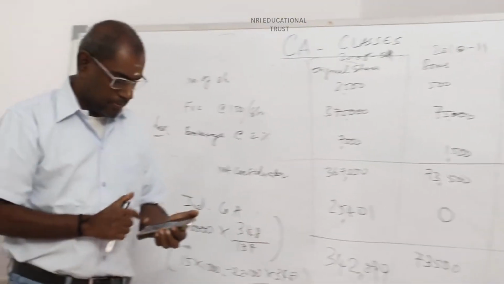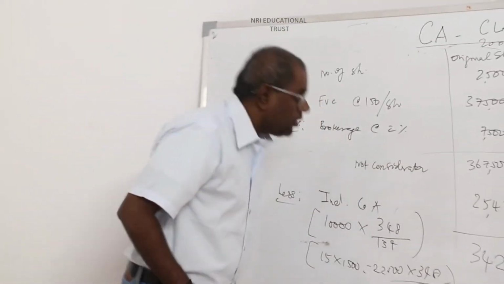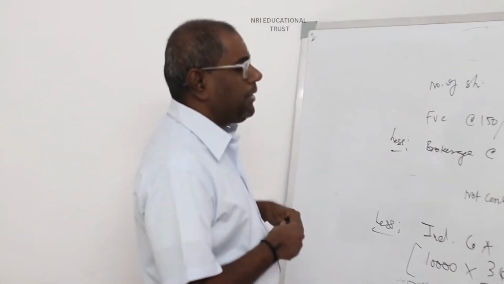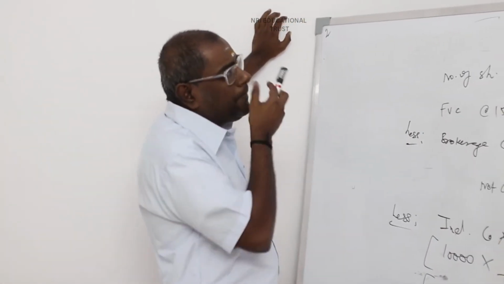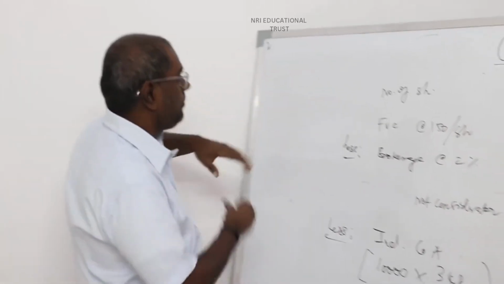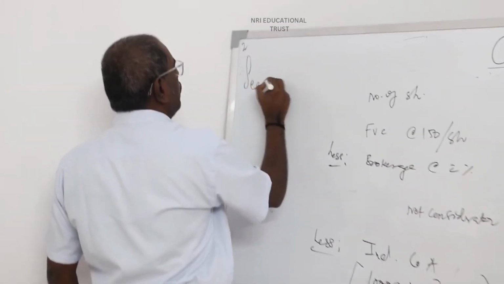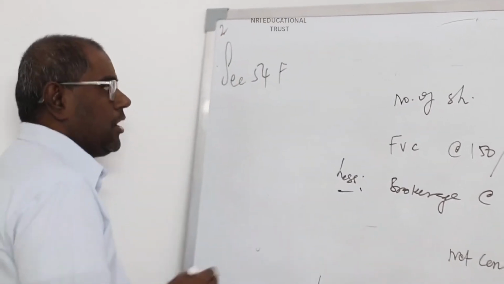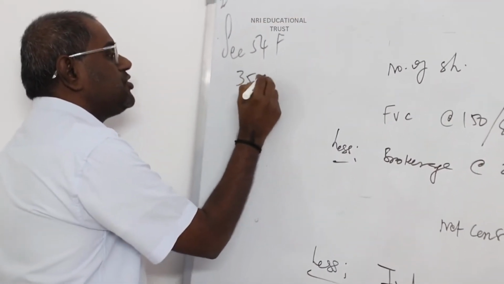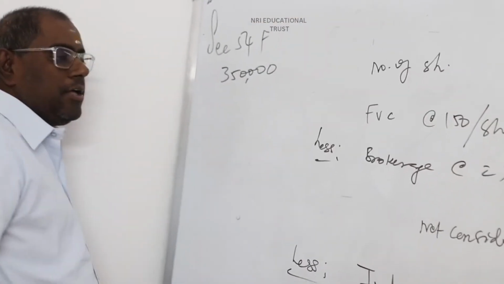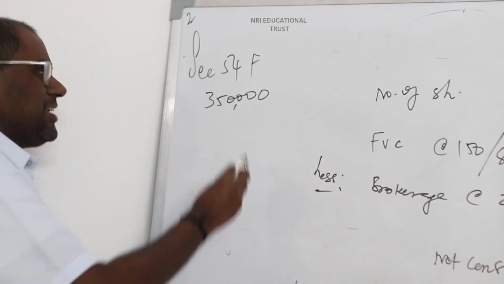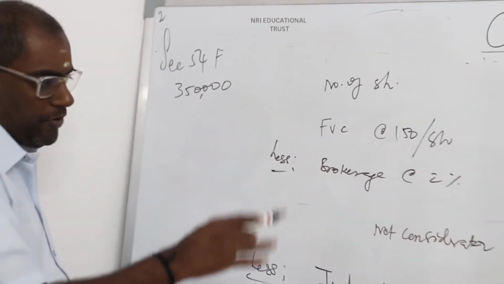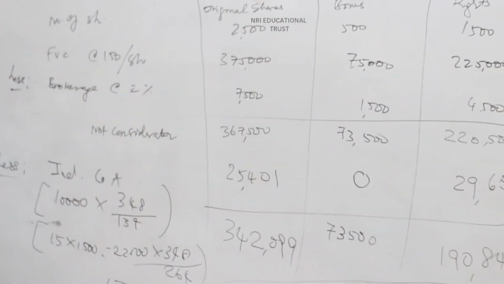Listen, friends. Here, what is happening? We are going to apply Section 54F. Section 54F talks about investment in a residential property. What is the residential property investment given in the problem? 3,50,000. In which order should we apply this 3,50,000?